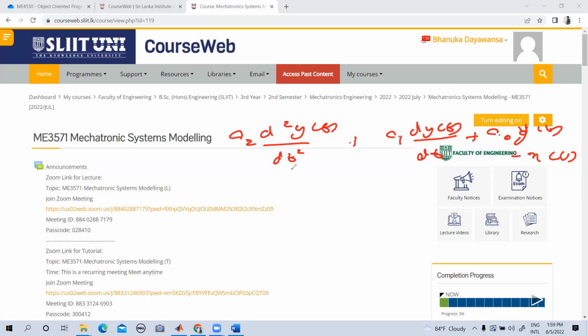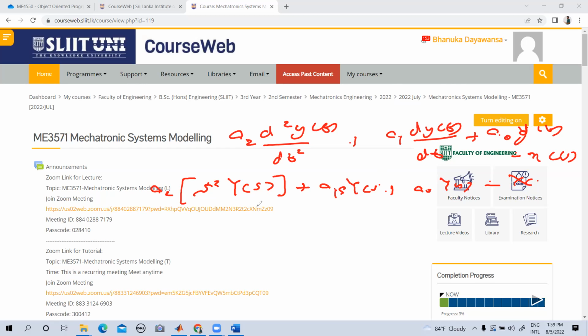Once you take the Laplace transform, you will get a2 s squared Y(s) plus a1 s Y(s) plus a0 Y(s) equals X(s).